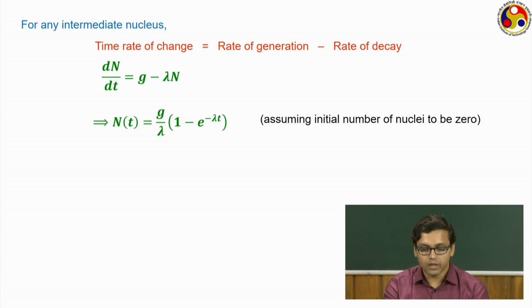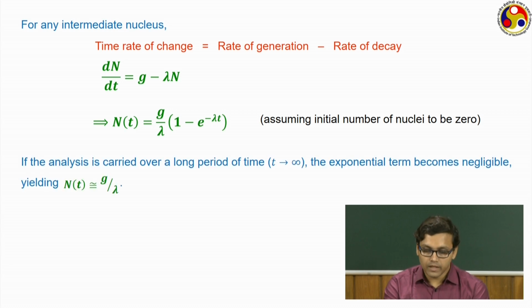Now, you can see here we have a 1 minus e to the power minus lambda t term inside the bracket. If we are talking over a very large time scale, like when t tends to infinity, or infinite time refers to a certain time which is much bigger compared to the time that is important from our phenomenal point of view.